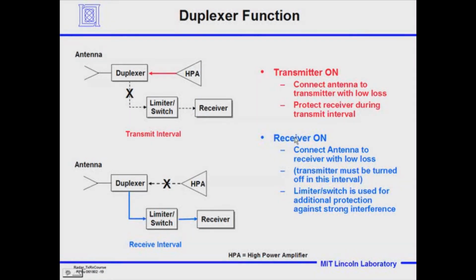And then on receive, we want to connect the antenna through the duplexer to a limiter switch to make sure that if stuff does leak in, God forbid, we don't fry the receiver. The transmitter, of course, is going to be turned off. We want this limiter switch for additional protection, say against strong interference from a nearby signal.